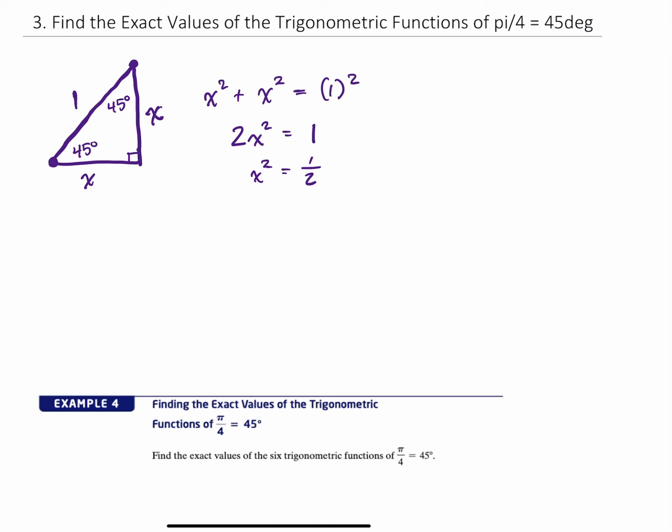Then I'll take the square root of both sides, and you should keep in mind when you do this, you need to introduce a plus or minus. So plus or minus root 1 over 2. But since we're in the first quadrant, we have an angle less than 90 degrees, we want to say that this is a positive x value and this will be a positive y value. So let's take the positive square root.